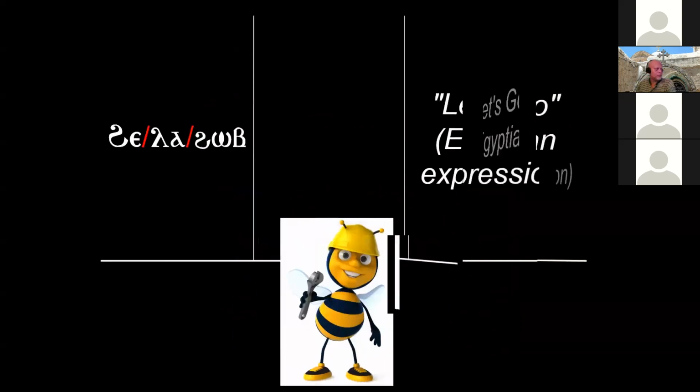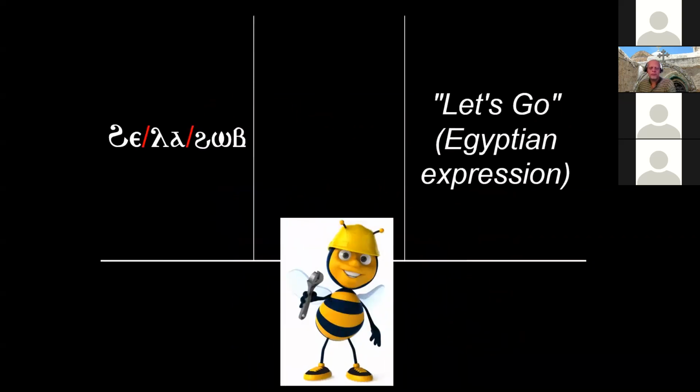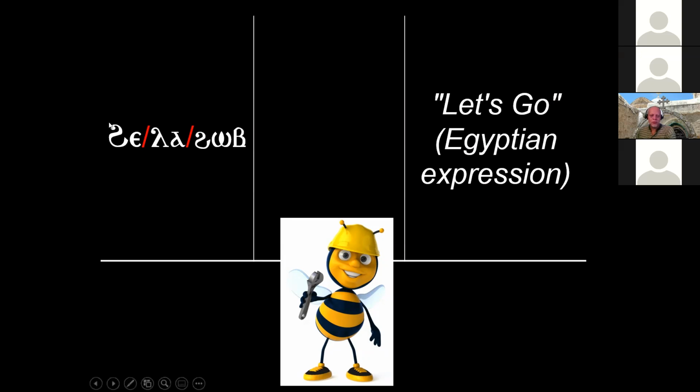Okay, next one. Jonathan? So this is the Hori that we just learned, which is the H, and this is the Lolla, the L. Hela hope. Good.